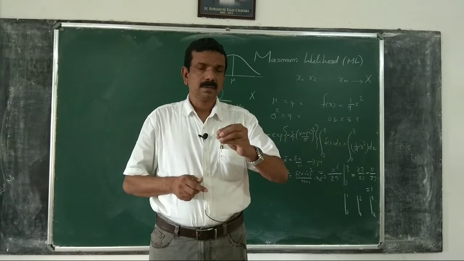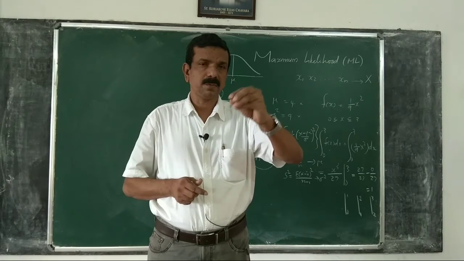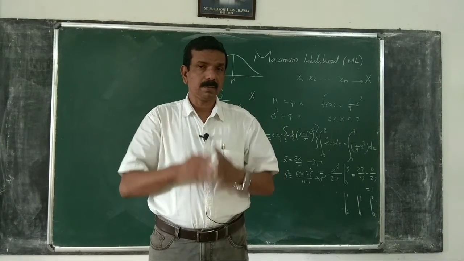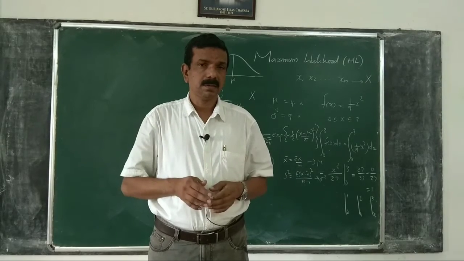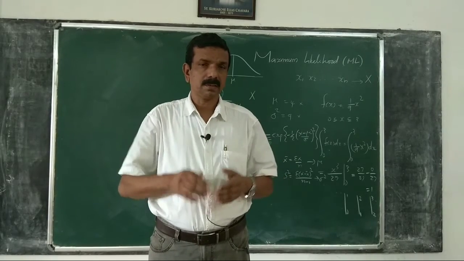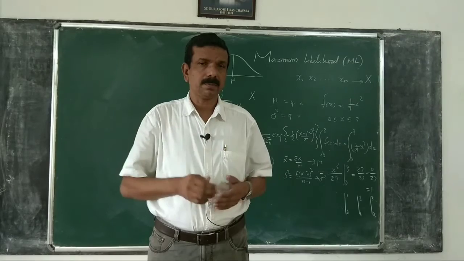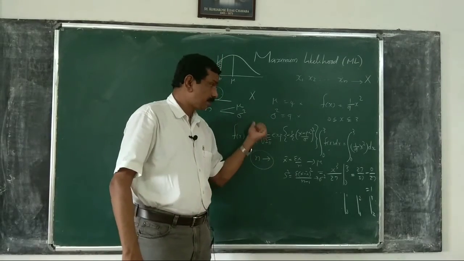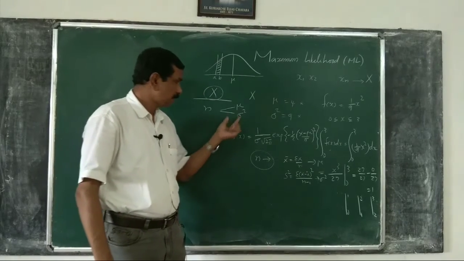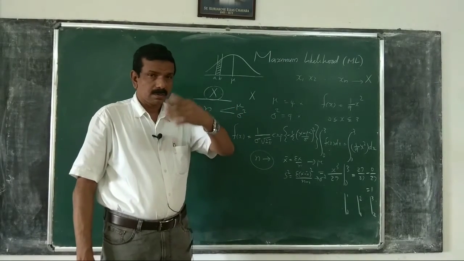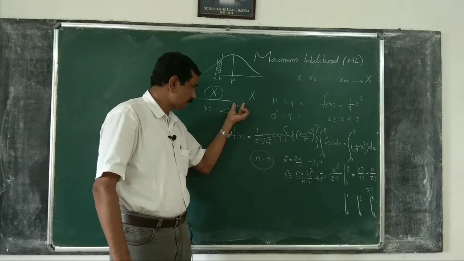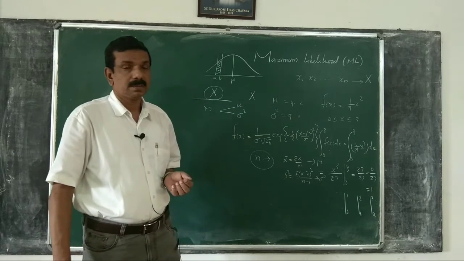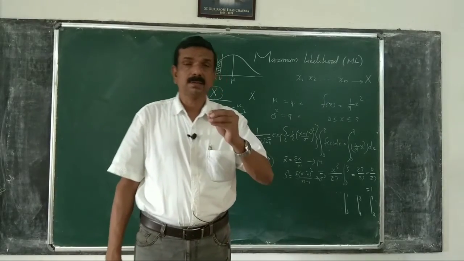So we take one set of mu and sigma square and calculate the joint probability of observed samples. Another mu and sigma square, again calculate the joint probability. Another, again calculate the joint probability. Then among all these, choose those values of mu and sigma square which maximize this joint probability.